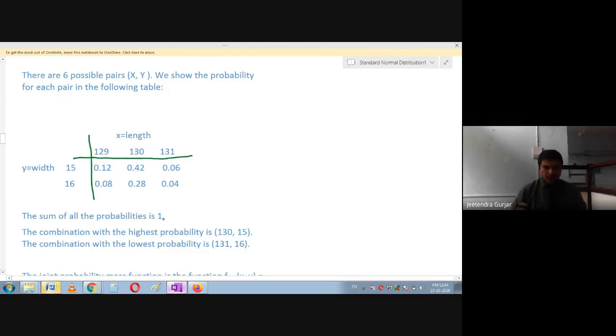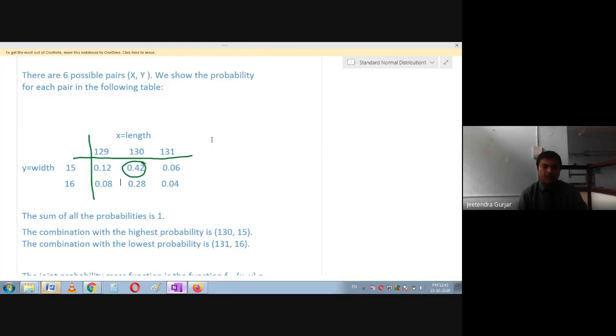The combination with the highest probability is 130 and 15. That is the highest probability. Can you see the highest probability is 0.42? This is the description of the values here. They have given the probabilities, and the highest probability is 0.42. So we can see the length is 130 and the width is 15.